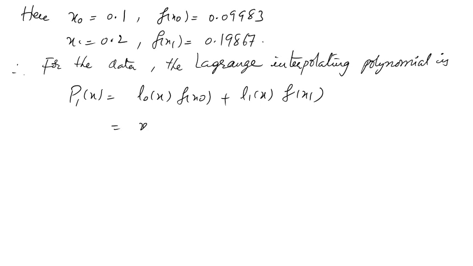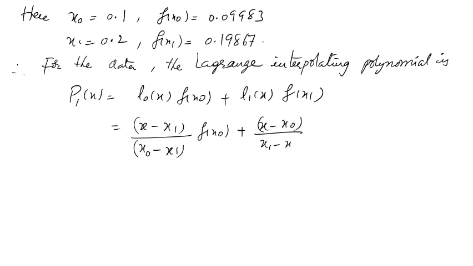And what is L0? (x minus x1) by (x0 minus x1), and this is multiplied by f(x0). And what is L1? (x minus x0) by (x1 minus x0), multiplied by f(x1).